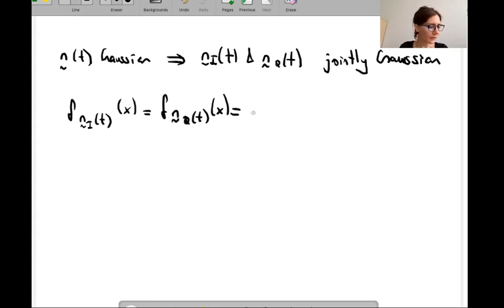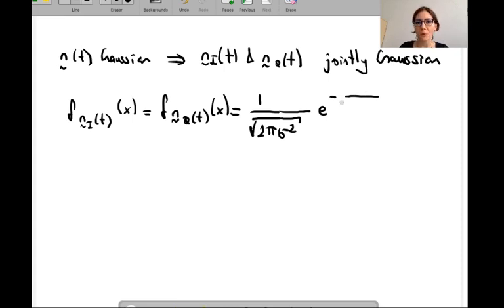And they are both equal to, well, we should just write down the expression for the Gaussian density. So 1 over the square root of 2 pi sigma squared, and e to the minus. Here, you know the Gaussian density expression, you would write x minus mu squared. But what is mu again?